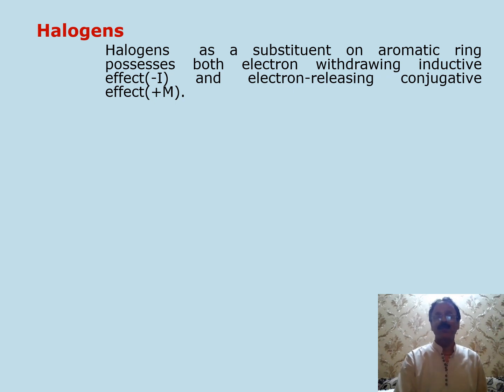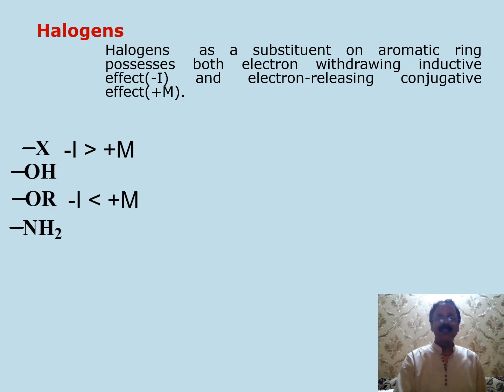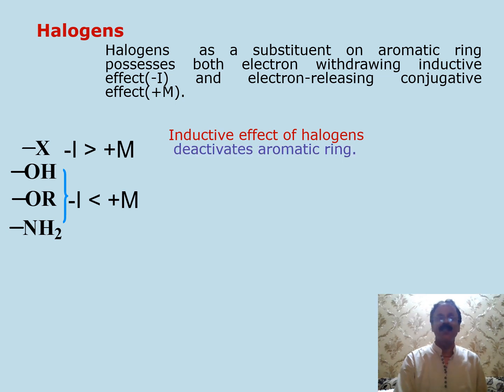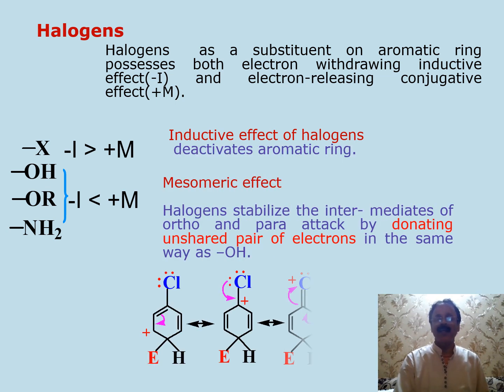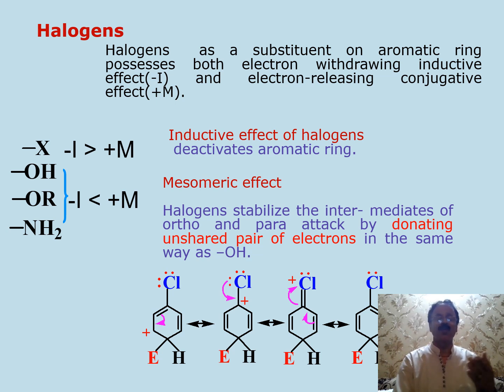Now halogen as a substituent on the aromatic ring has a minus I effect, but at the same time, as I told earlier, there is a mesomeric effect. Because of the minus I effect there is a deactivating effect, but because of the plus M effect, electron density is more at ortho and para position if we look into the resonating structures of benzene. And because of mesomeric effect, since electron density is more on ortho and para position, the electrophile goes to ortho and para.